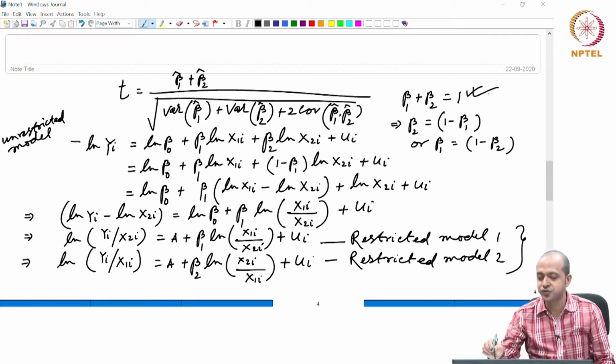If the restriction is valid, then I can substitute beta 1 for beta 2 or beta 2 for beta 1, and get two restricted versions of the model, restricted model 1 and restricted model 2. Then look at how I am constructing the test statistic.